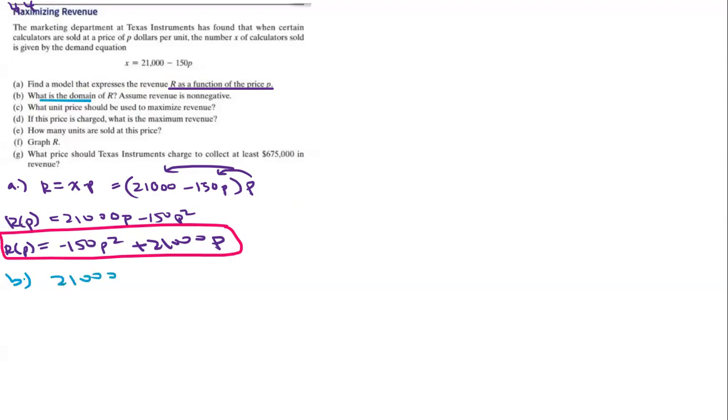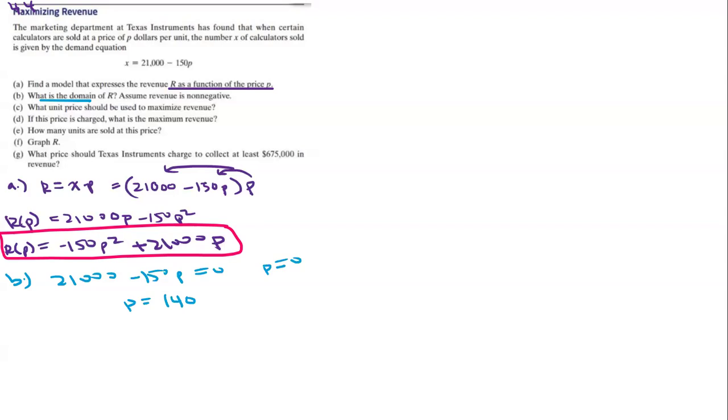So we have 21,000 minus 150 P, and we'll set that equal to 0. And then we also have P is equal to 0, so again, it's coming from these factors. When we solve for P on the left, we're going to get 140. And the other point we have is P equals 0.